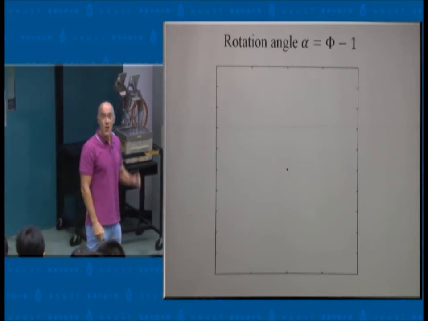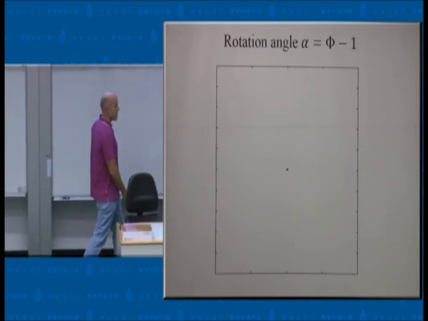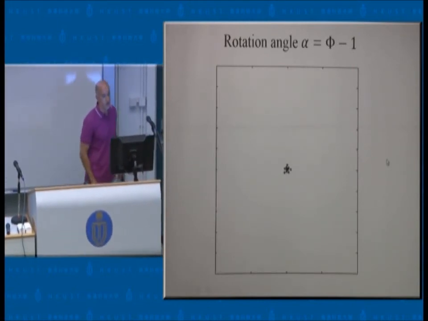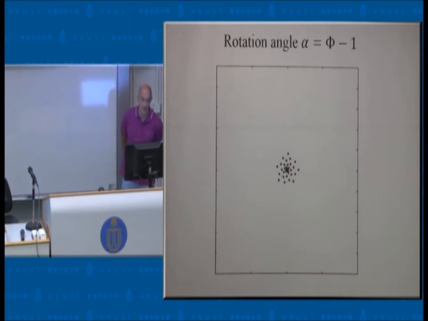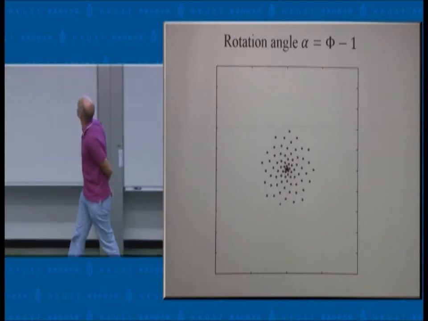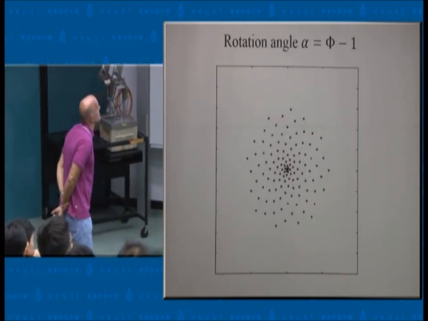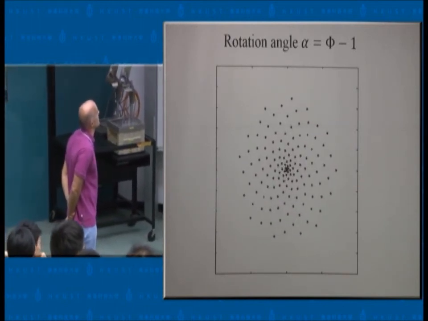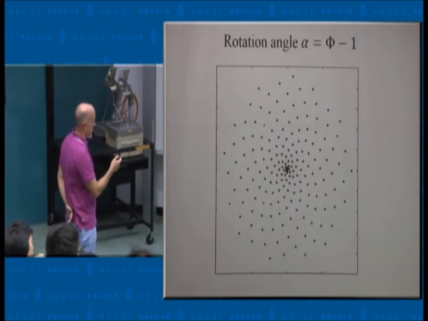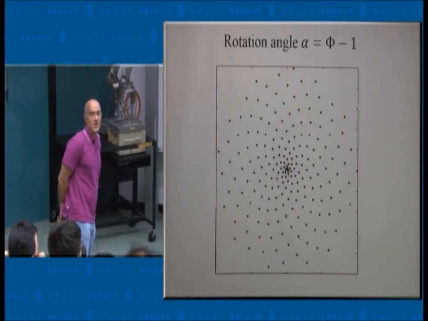So what about our most irrational number? Okay, remember, phi is the most irrational number. Here we go. Pretty nice, right?